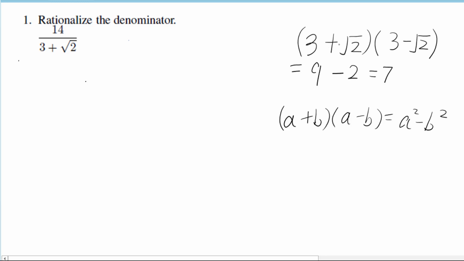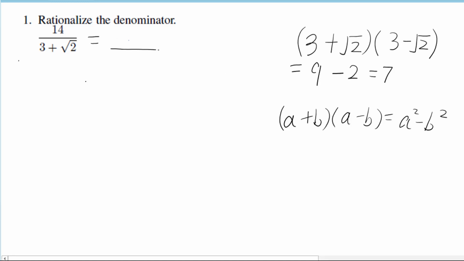When 3 plus square root of 2 is multiplied by its conjugate, we got the 7, no square root in the denominator. We call this process a rationalization of the denominator.